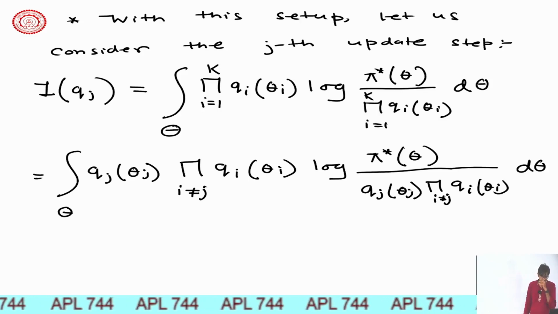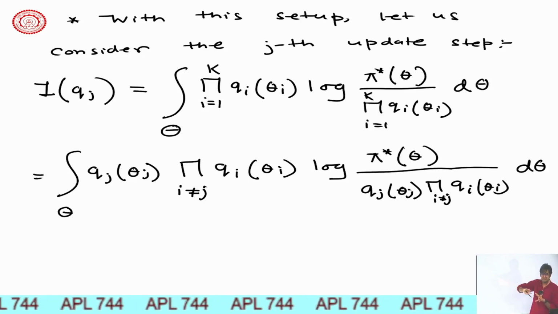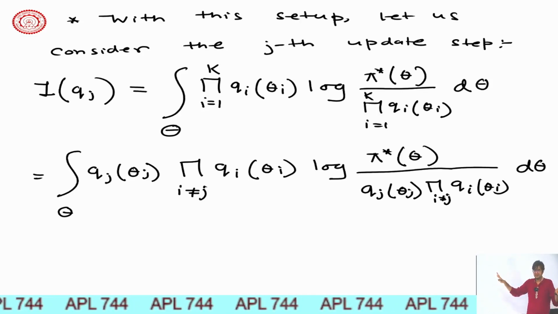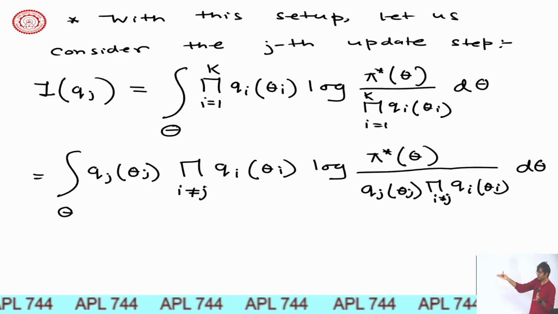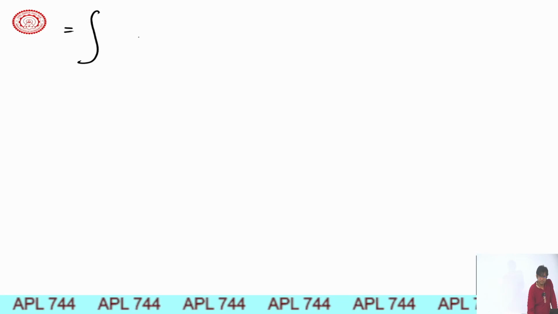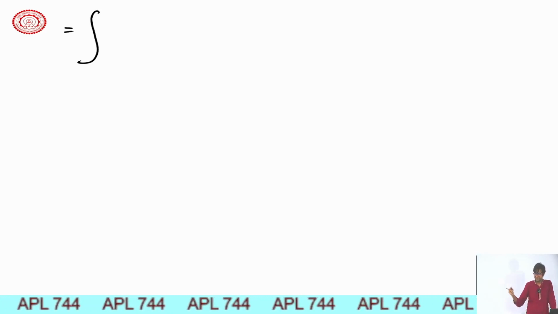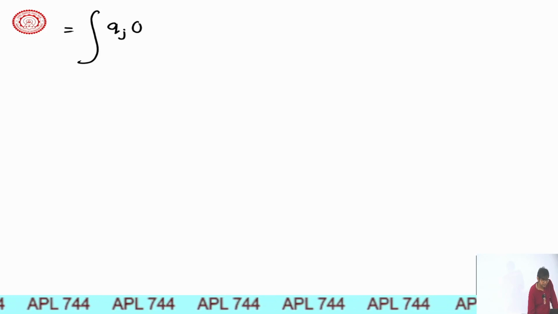Now, there is a numerator and a denominator in the log term. I will separate log a minus log b, and I will come up with two terms, one corresponding to log a, one corresponding to log b. So what is the first term that I will come up with? It will be equal to the integration of q j theta j, first term.